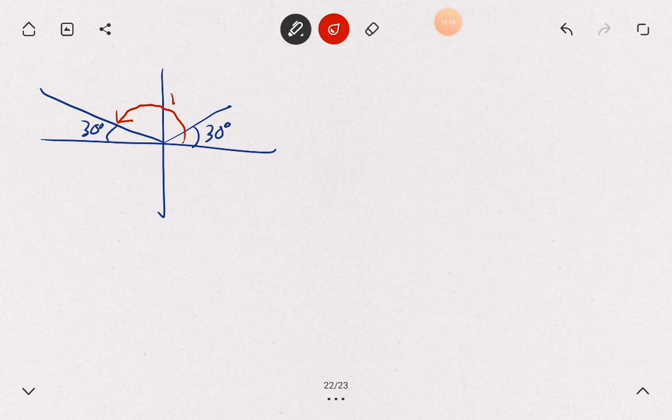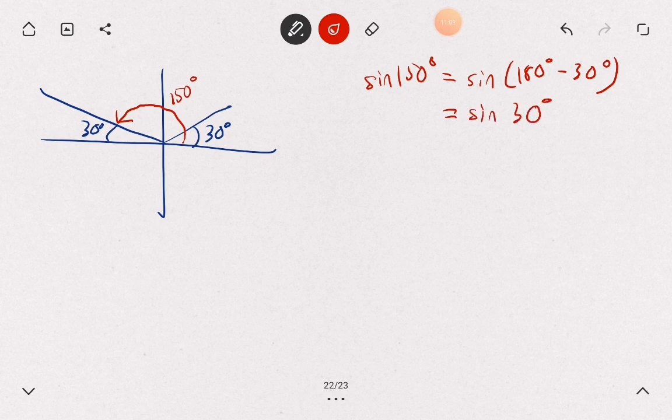So this angle is 150, and we said that sine 150 is basically sine of 180 minus 30. And so this is equal to sine 30, because of what we did in the last class. This is the second quadrant, this is the first quadrant. Sine is positive, so this will also be 1 over 2.